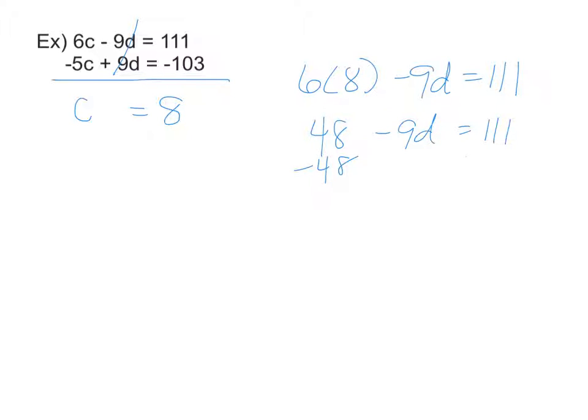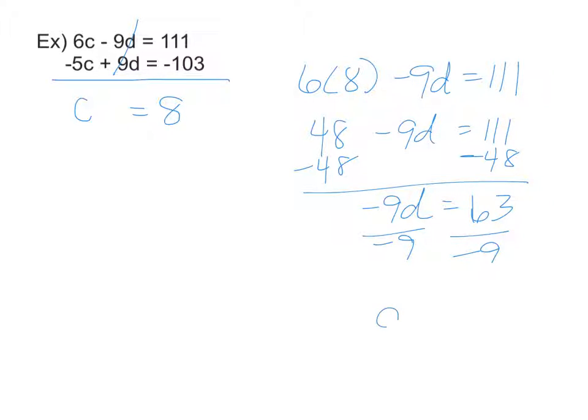Subtract my 48. I get negative 9d equals, let's see, what do we get? 63. So then we divide by negative 9, and d equals negative 7.